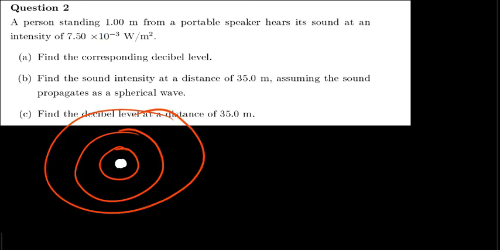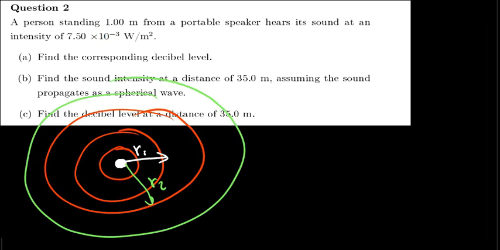From this point all the way to that point, let's call it R1, that is the radius of the sphere. Then from that point all the way to the last point we'll have R2, but it will keep on going just like that and the wave will just be propagating. That is what we call the spherical wave.